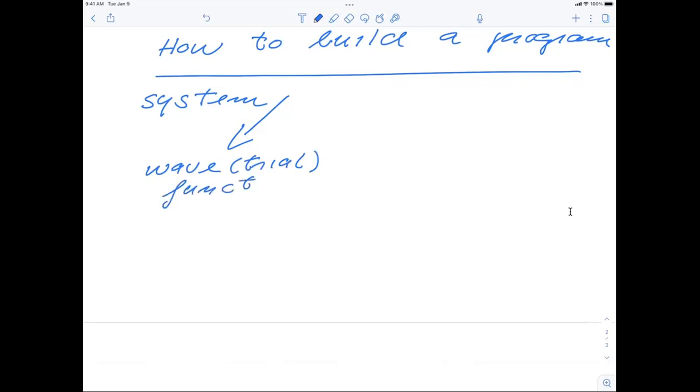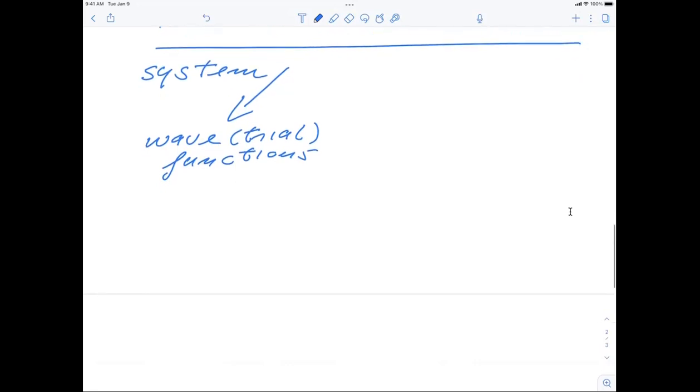That's an ingredient which we need to specify. And as you will see, we will also need the derivatives of the trial wave functions. You would need to set up the local energy, so you need a function for that. I'm highlighting these quantities because these are going to lead to functions which you need to define.